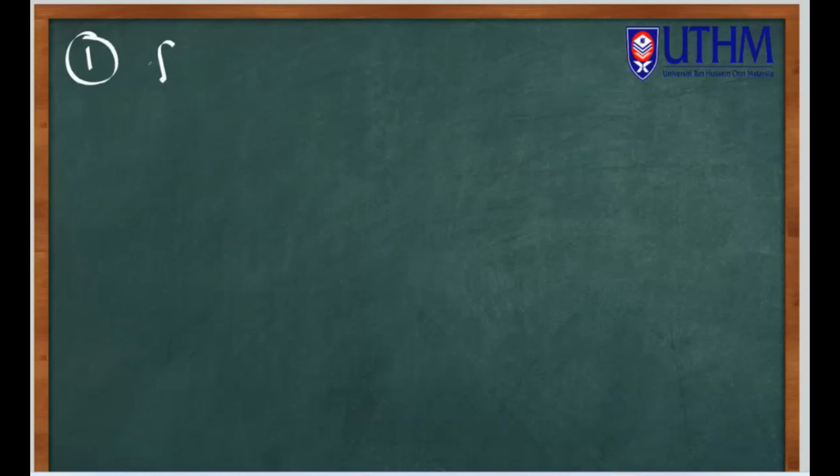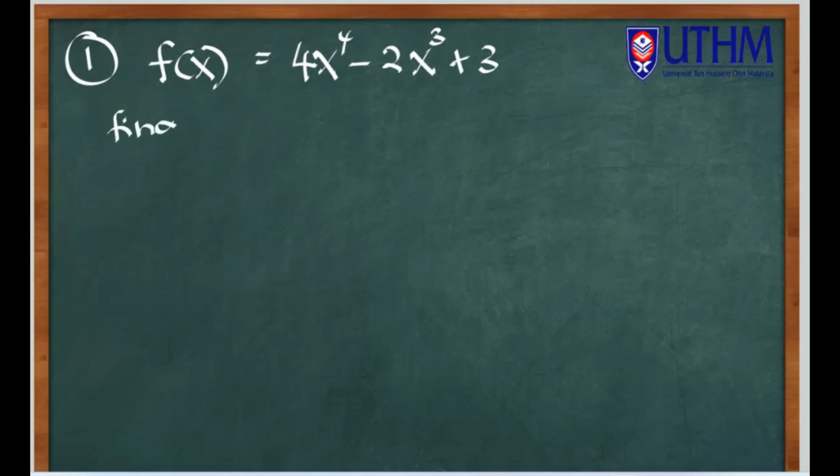Let's see the first example. Given a function f of x equal to 4x to the power of 4 minus 2x cubed plus 3, the question asks us to find the first 5 derivatives.